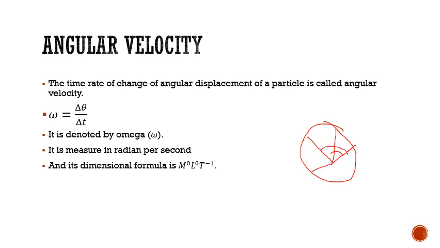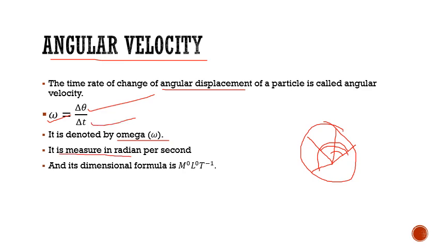So how fast the angle of the particle is changing, we'll call it your angular velocity. It is denoted by omega, and it is written as del theta by del t. Del theta is your angular displacement, divided by del t, your time interval.